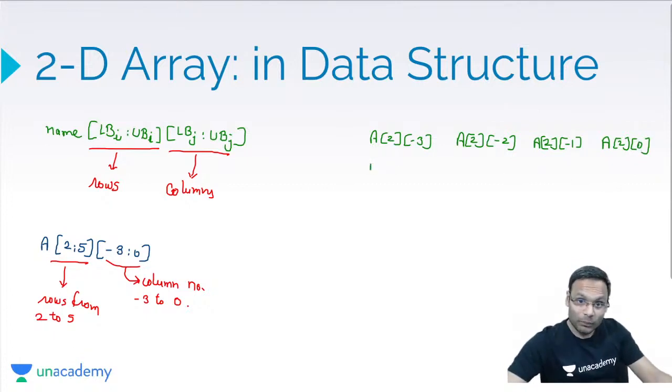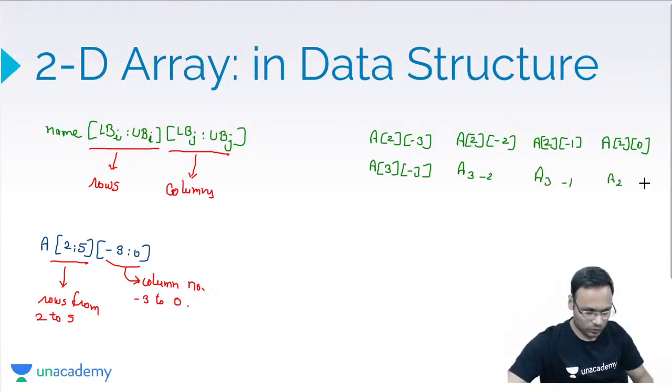Next, row number increases to 3: A of 3, -3, A of 3, -2, A of 3, -1, A of 3, 0.